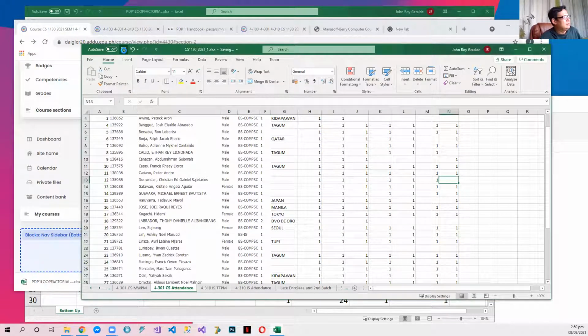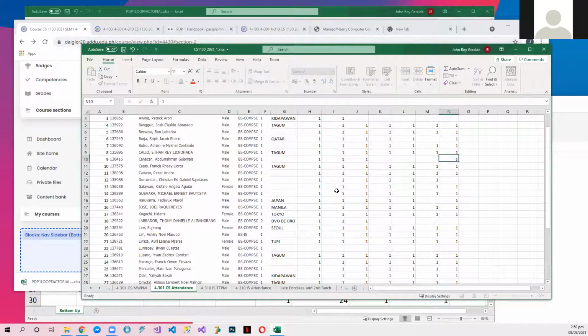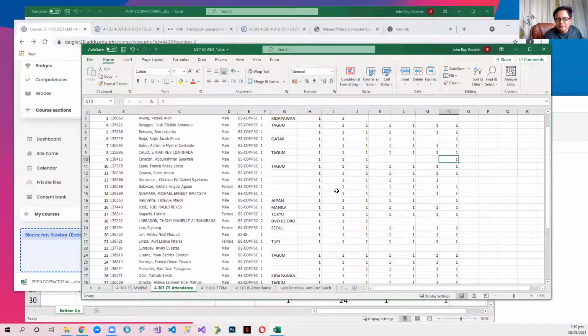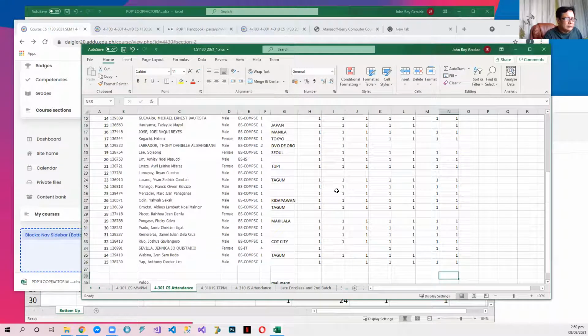Ako din, sir. Kalyo, sir. Kalyo, okay. Anyone else? Dumandan po, sir. Dumandan. Si Labrador, wala na gini pag-asa, no? Labrador and Lumapay. Okay, we just put them here.